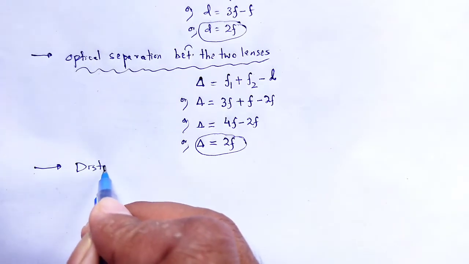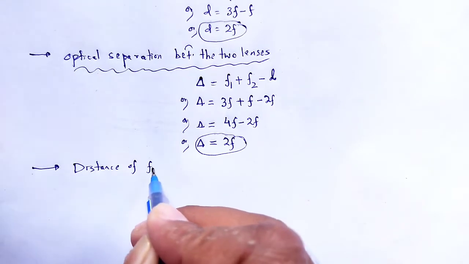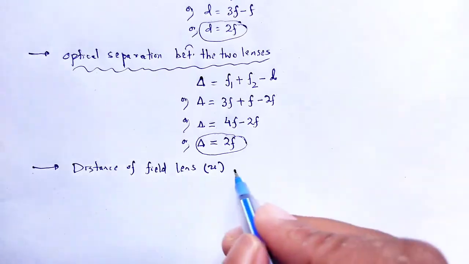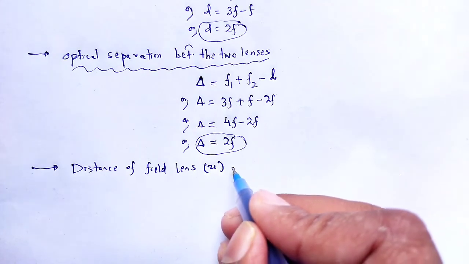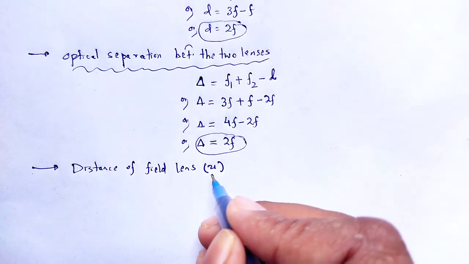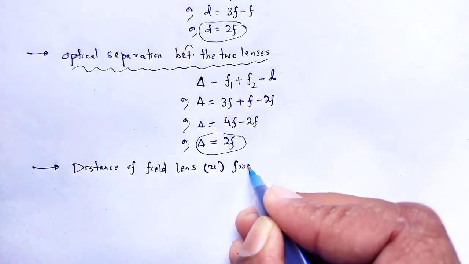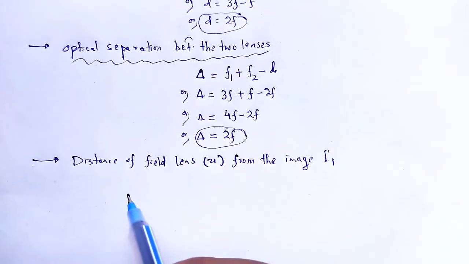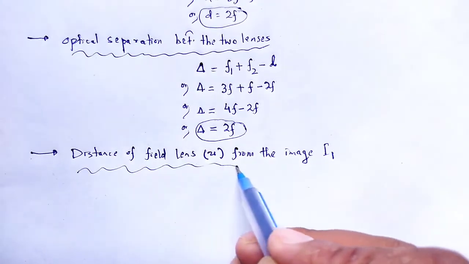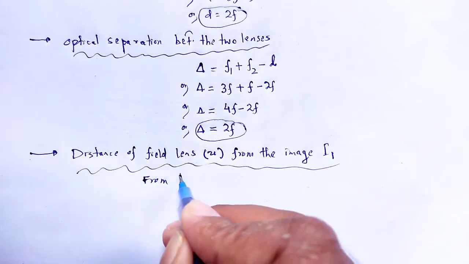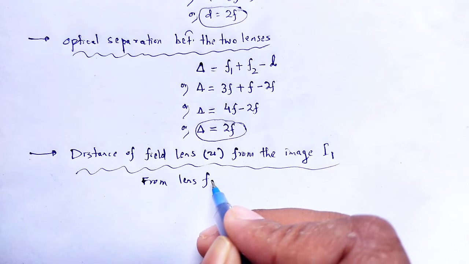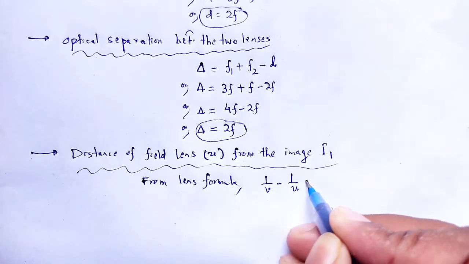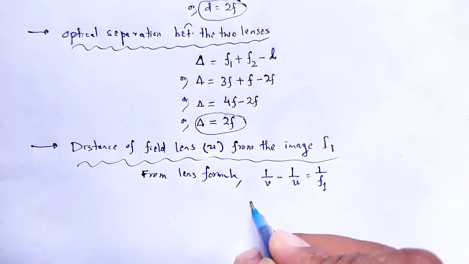Distance of the field lens, let u, that is the object distance from the image I1. How to calculate? From the lens formula, 1 by v minus 1 by u is equal to 1 by f1, its focal length.